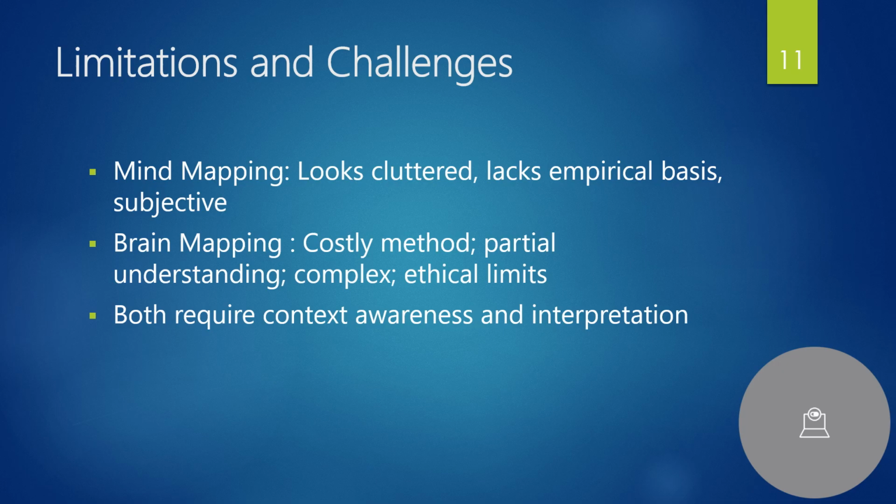On the other hand, brain mapping can be a costly process and it is still ongoing, so there's no complete understanding, rather a partial understanding of how things work, and it is a complex process. As explained, there may be ethical limitations to how far this can go in future. But we can be assured that both of them do require context awareness and interpretation.